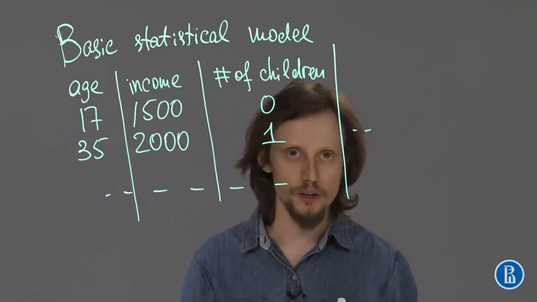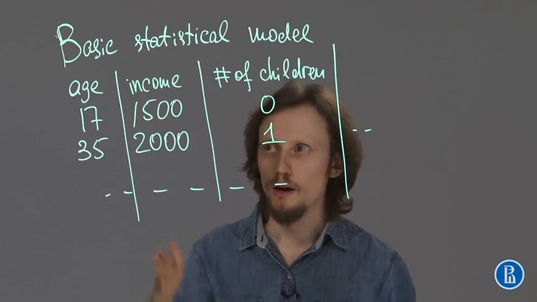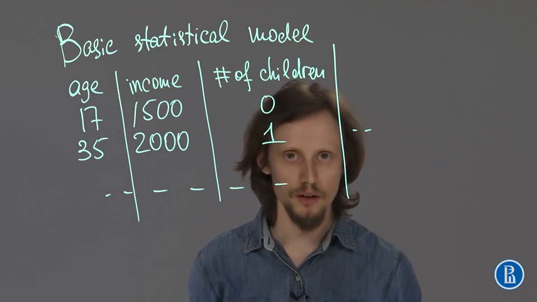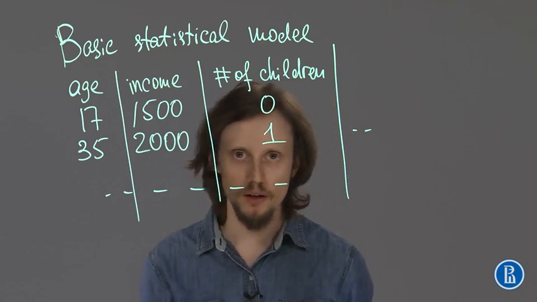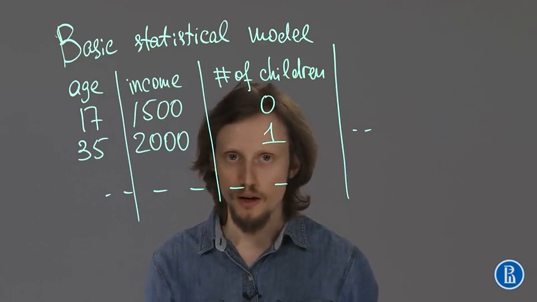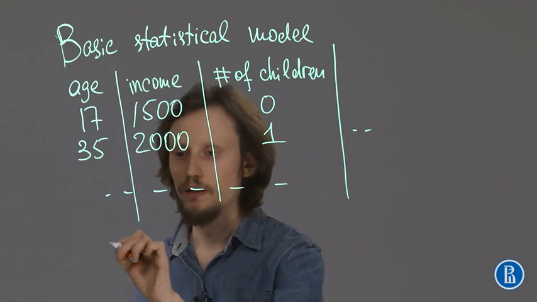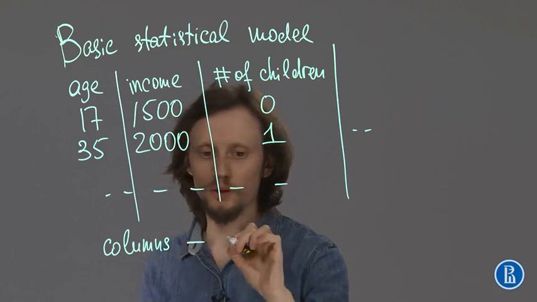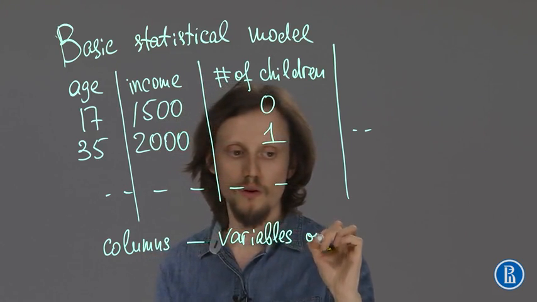And there is a terminology that is related to this table. Columns of this table are called variables or features or properties or something like this. Usually it is features in machine learning and variables in statistics. So columns are called variables or features.